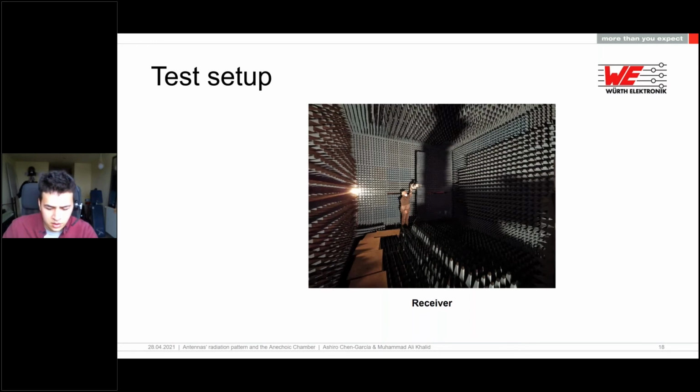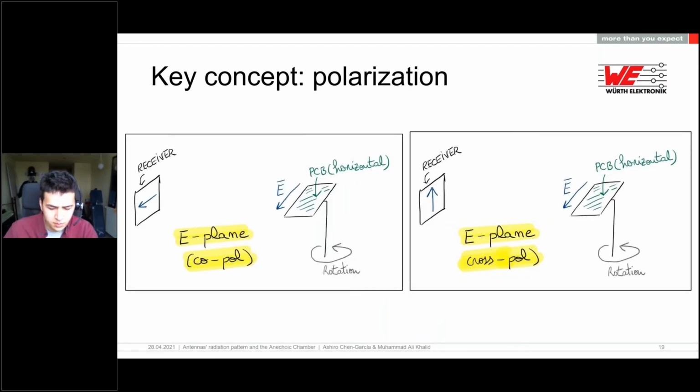Before going into the results, I would like to comment on one more key concept, which is the polarization of the antenna. We have two kinds of polarizations: the copolarization that you can see in this picture on the left side, and the cross polarization, which can be seen on the right side.